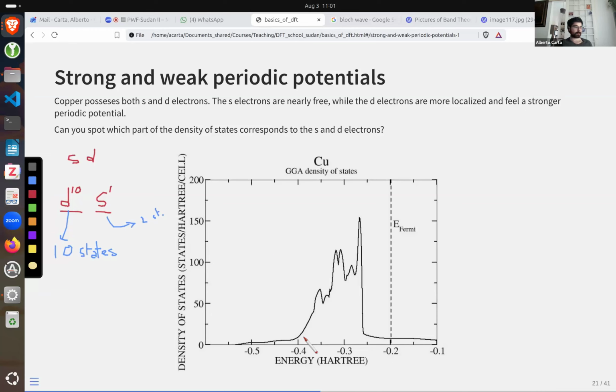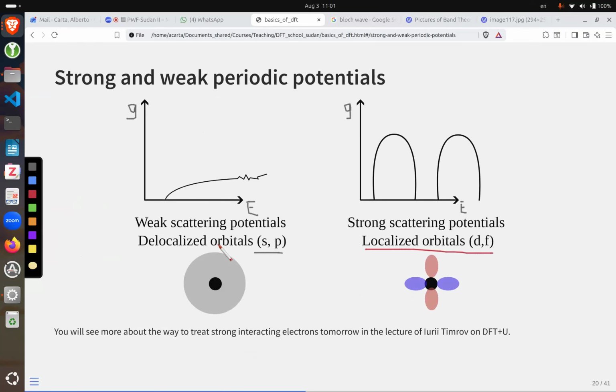Okay, so let's give you some time, and then we can get some of the answers from the participants. But please, can you move to the previous slide so we can differentiate between S and D? Yes, thank you.